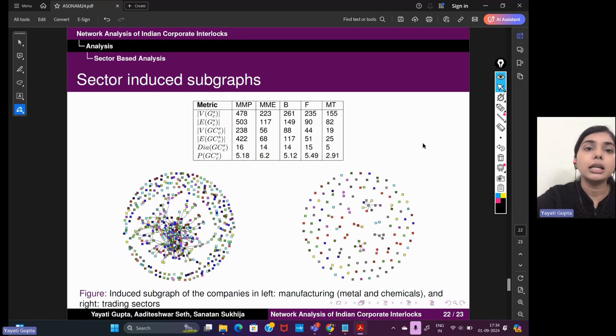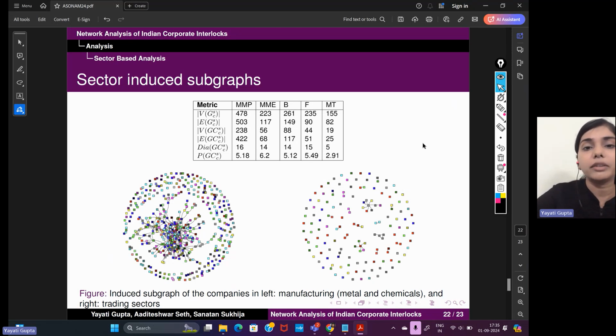At the end, we also studied some sector-induced subgraphs to see how the corporate landscapes in various sectors differ. For most of the networks, since there are not enough intra-sector ties, if you draw an induced subgraph on the companies of that particular sector, the network falls apart. It doesn't have a high number of edges.